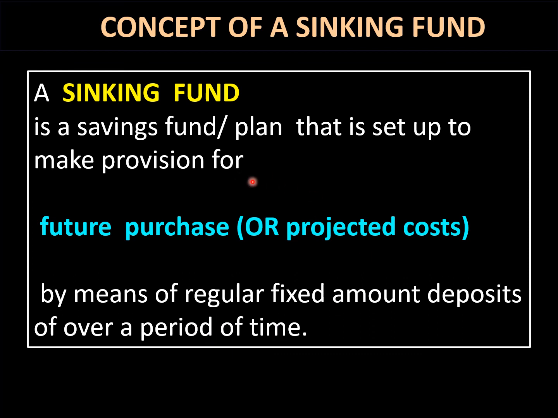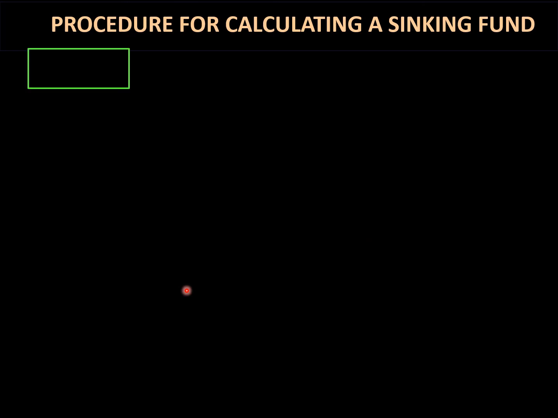So remember the previous case: we have to plan for that 200,000, the difference between the inflation and the resale price of the machine or vehicle, and that will be our plan. We want to plan ahead 4 years in advance and see what the fixed amounts should be that we have to deposit regularly.